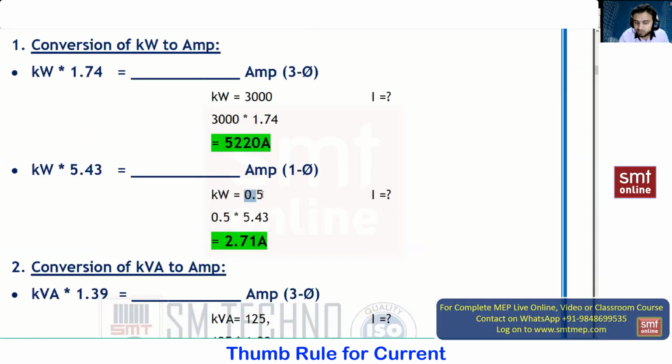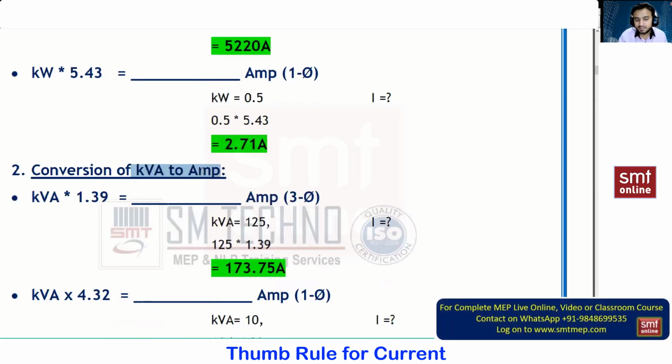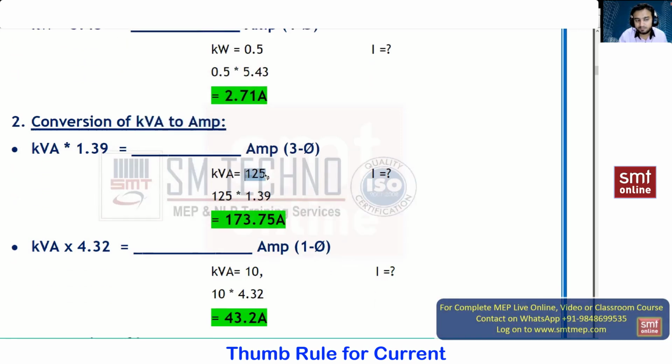Again, for 0.5 kilowatt, or 500 watts, as it is less than 5 kilowatts, we go with single phase. For single phase, the multiplying factor is 5.43, which gives you 2.71 ampere. For conversion of kVA to ampere, for 125 kVA, 125 into 1.39 if it is a three-phase system, gives you 173.75.